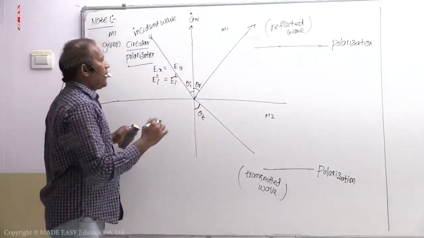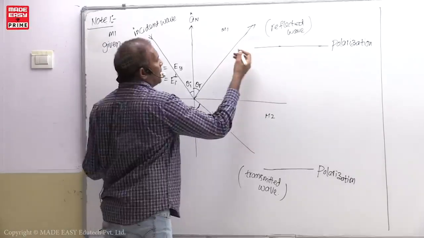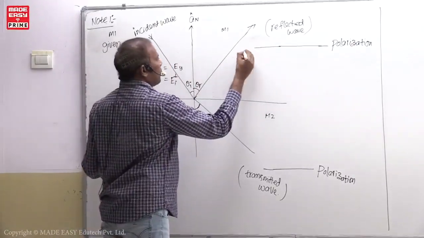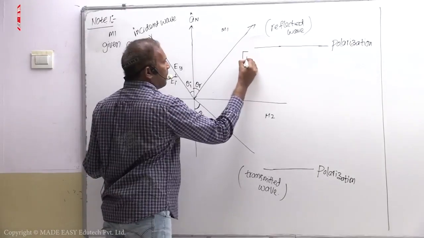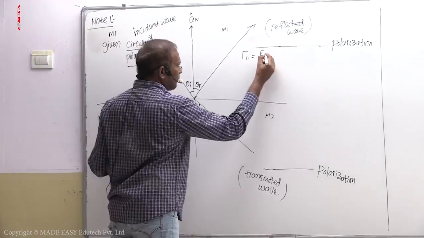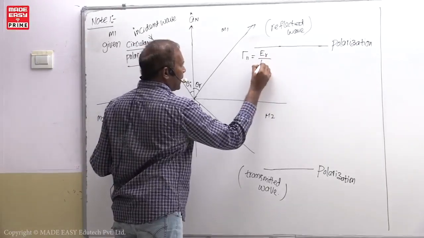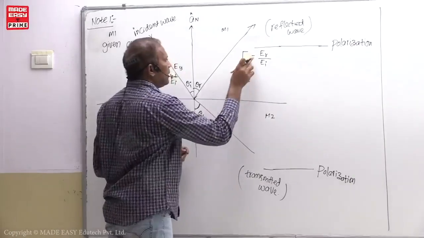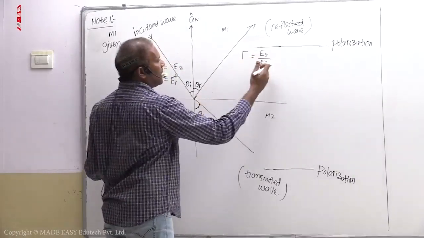Now, can you tell me what is the reflection coefficient of parallel polarization? That is equal to reflected divided by incident. Students, the reflection coefficient is reflected by incident.